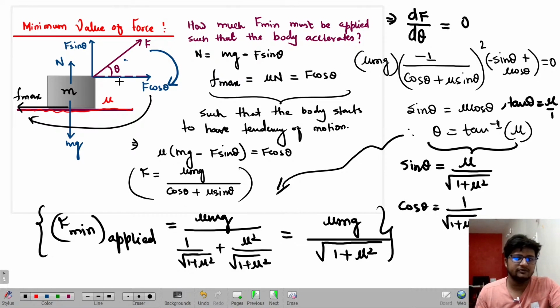So I selected a theta which is equal to tan inverse mu, and then at this stage the F minimum applied must be equal to how much? Mu mg by root over 1 plus mu square. Then the body will always have a tendency to move in a forward direction. Is that clear or not clear? Did you get my point or not?